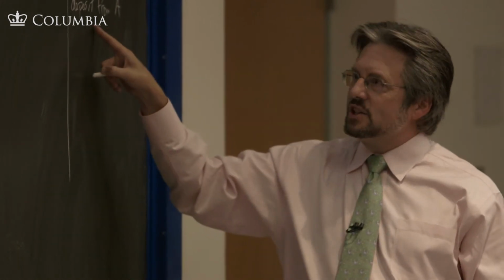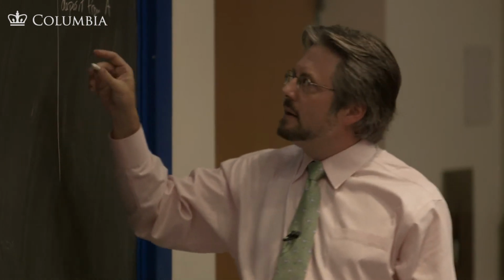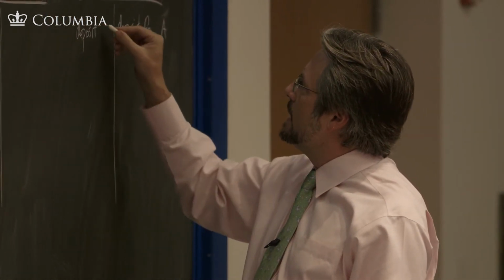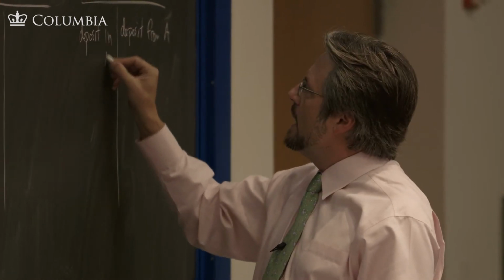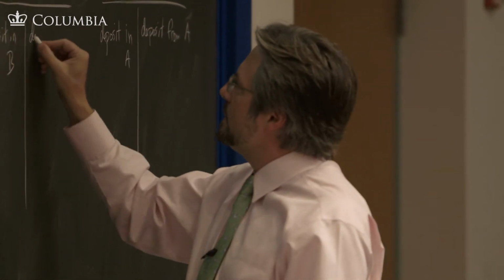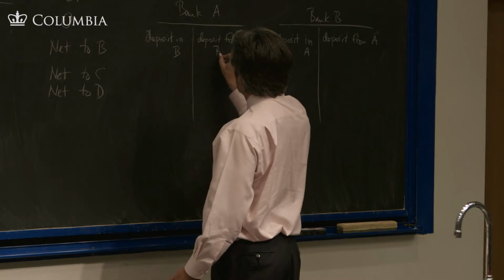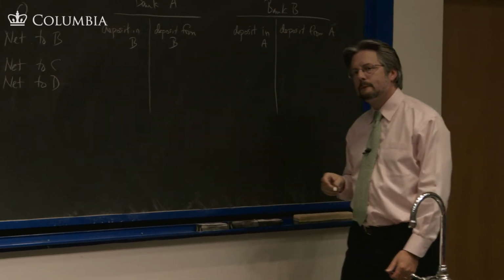And instead of making that deposit by transferring reserves, which would be one way, you just match it with a deposit going the other way. Okay, so here's a deposit in A, and here is the deposit from B. Okay?